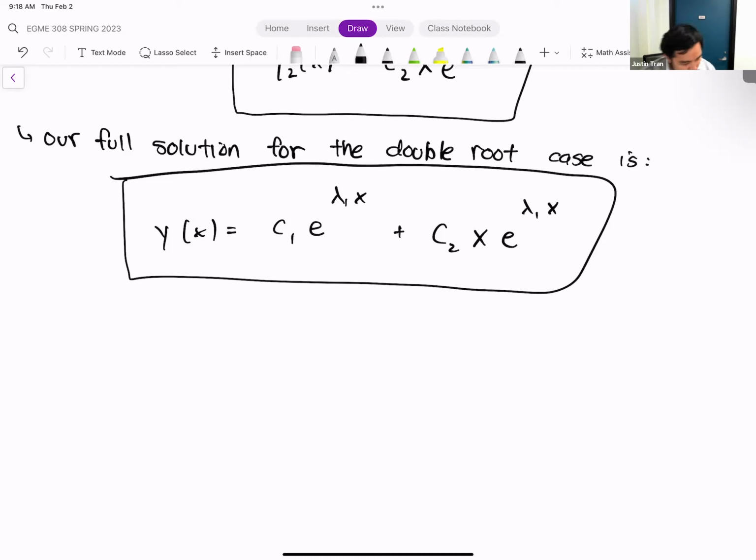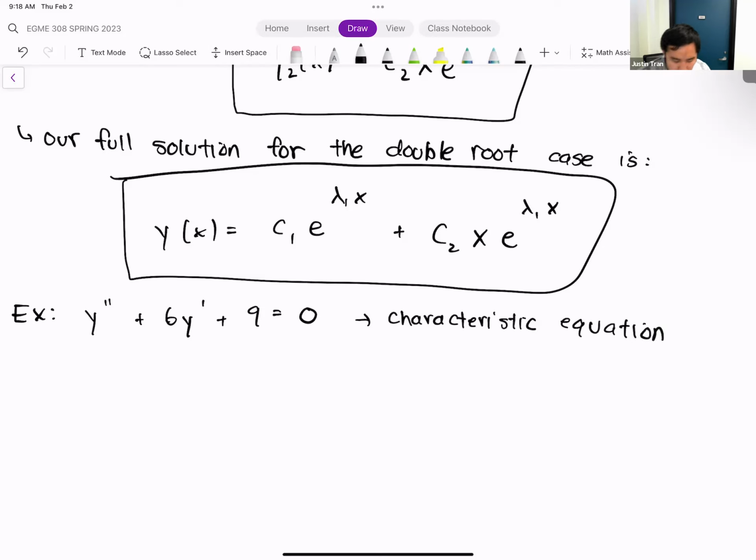Okay. All right, so let's do an example really quick. I'm not going to give any initial conditions for this one. We're just going to solve for the general solution. We have y double prime plus 6 y prime plus 9y equals 0.